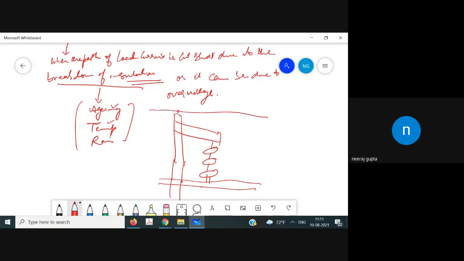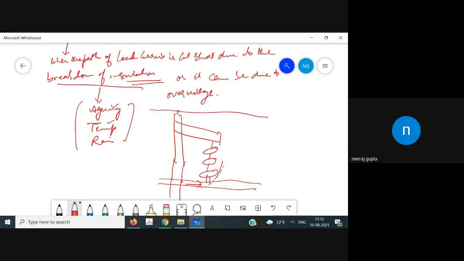So what happens? Let us suppose that due to the breakdown of the insulation, due to the foreign objects, the path is given to this current. Let us suppose the current is flowing in this particular direction. Because of the breakdown of the insulation, because of the foreign objects, the arc is struck.